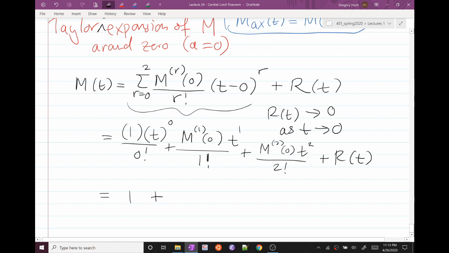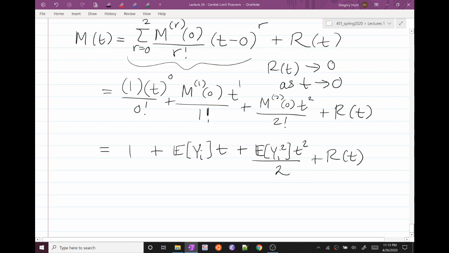The second one is the expected value. The first derivative of the moment generating function at 0 is just the expected value of any of these y sub i, right, times t. The second derivative evaluated at 0 is the second moment, multiplied by t squared divided by 2, and then we have r of t.